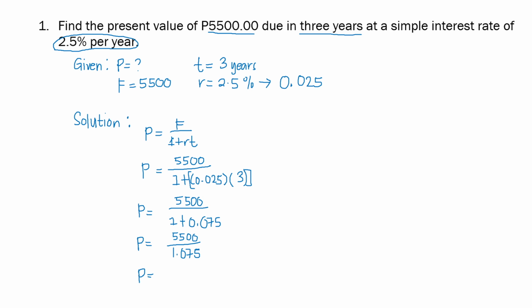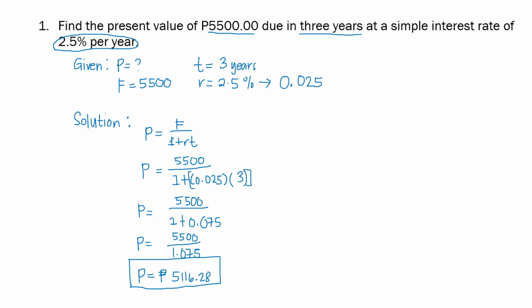So using our calculator again, 5,500 divided by 1.075 is equals to 5,116 and 28 centavos. So this is our answer.